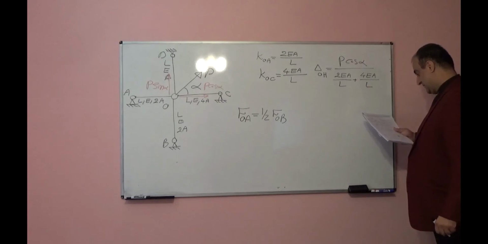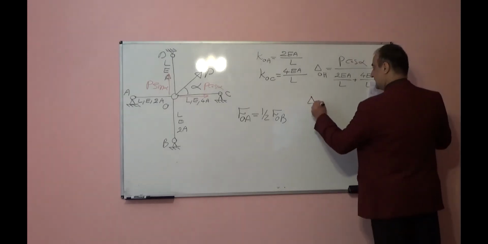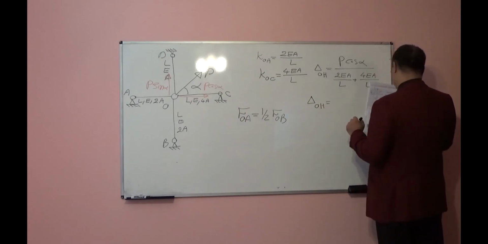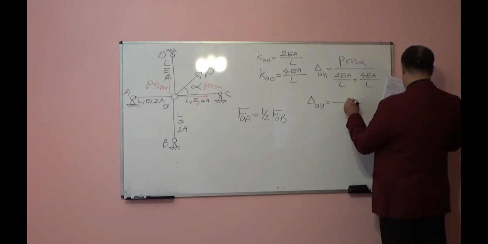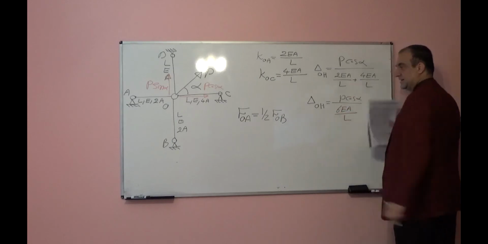So from here I can find delta O in horizontal direction. It will be equal to P cosine alpha over 6EA over L.